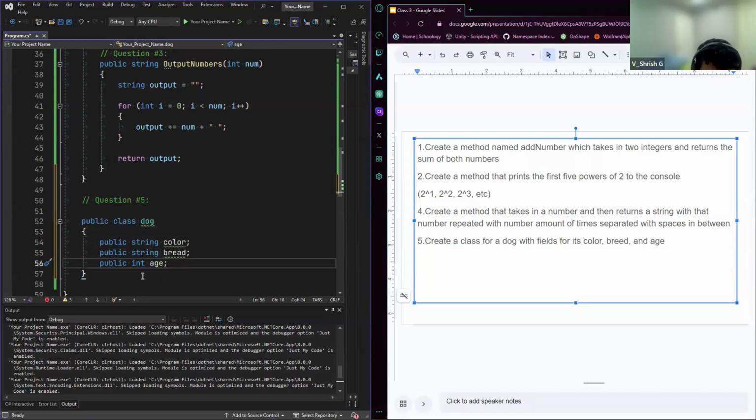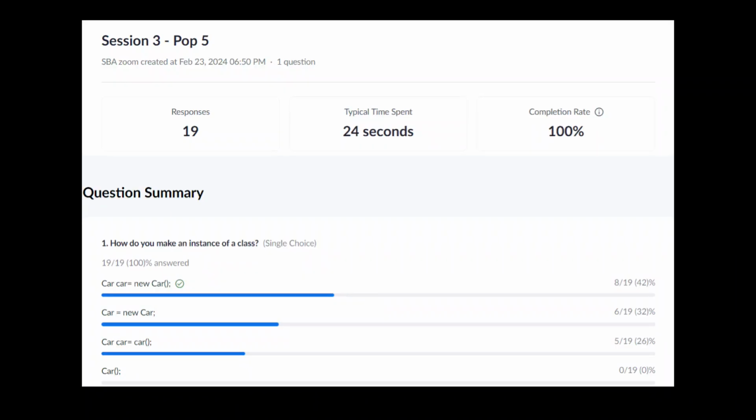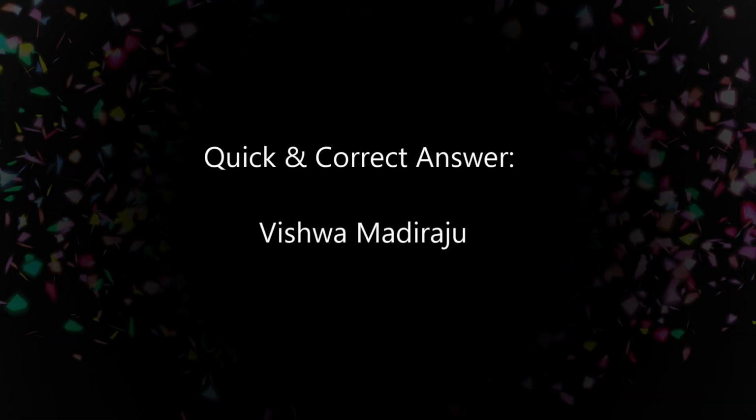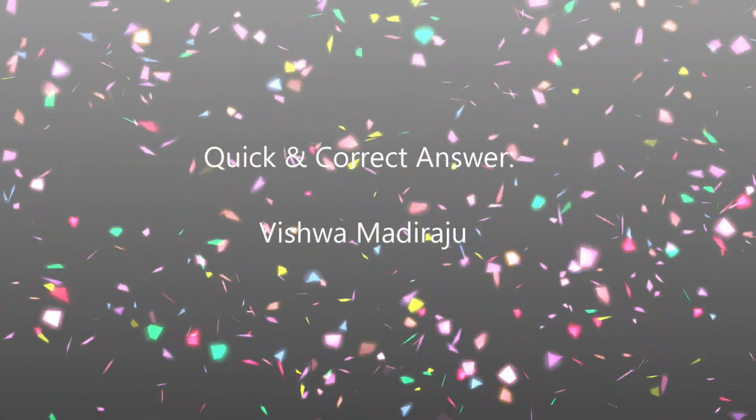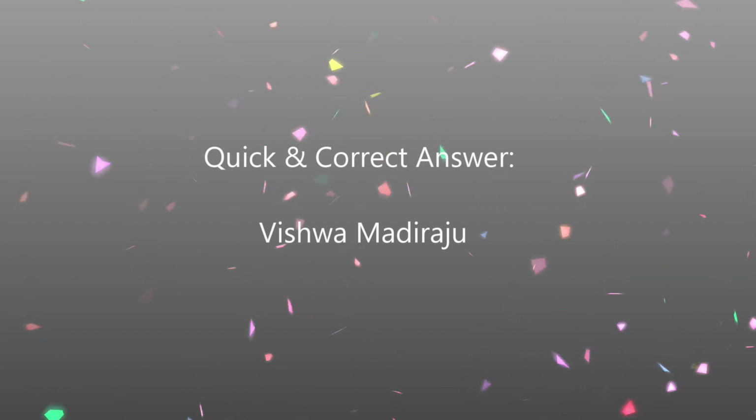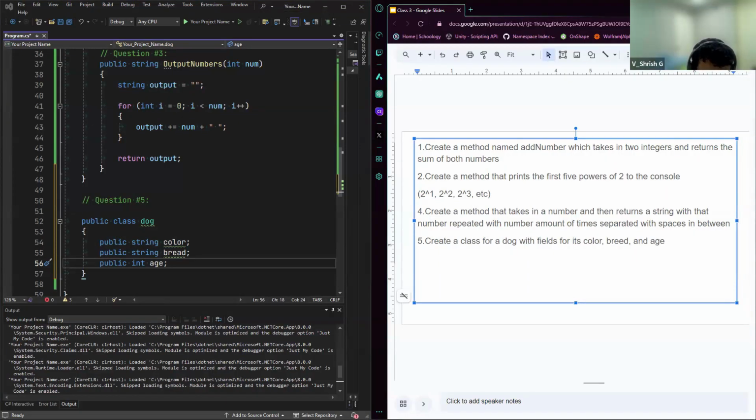Okay, before we end the session, I would like to have one last pop quiz question. So let me just launch that. For this question, the correct answer was A, the first one, which is car equals new car.